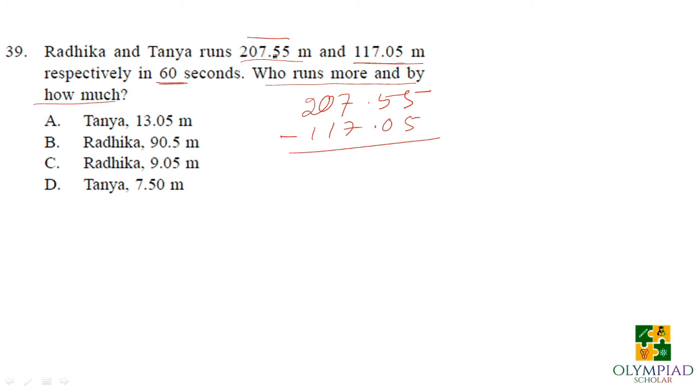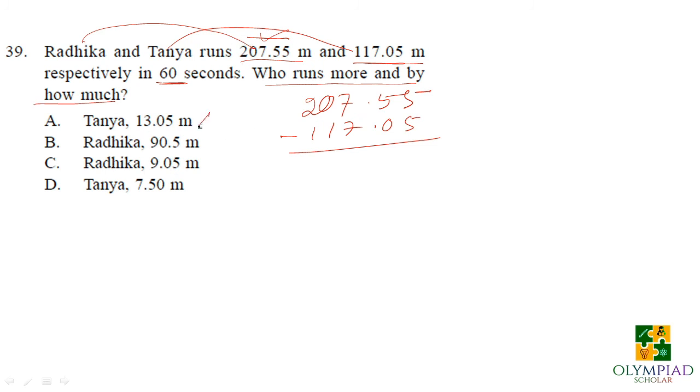See, who runs more means clearly the one running 207. Radhika runs this and Tanya runs this respectively. So definitely Radhika is running more.